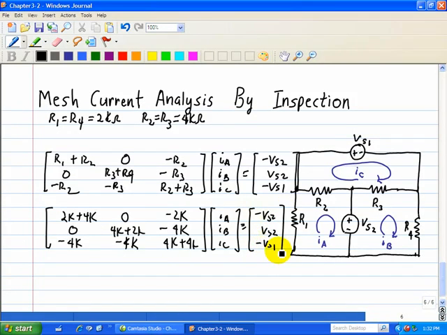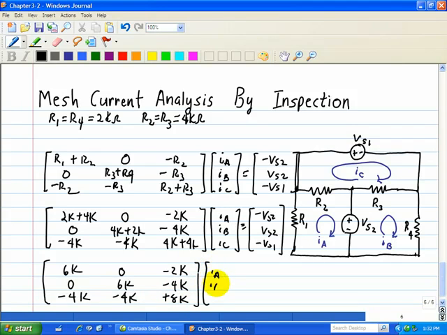And then completing this arrangement here, we have 6K, 0, minus 4K, 0, 6K, minus 4K, minus 4K, minus 4K, and positive 8K.